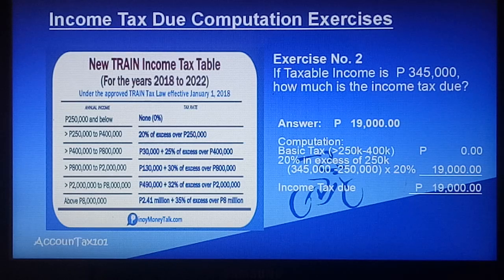So, wala siyang basic tax, but we have 20% in excess of 250,000. So, we compute 345,000 minus 250,000, which is equivalent to 95,000 times 20%, so that is 19,000. So, income tax due for a taxable income of 345,000 is 19,000. O, diba? Madali lang mga ka-account tax.